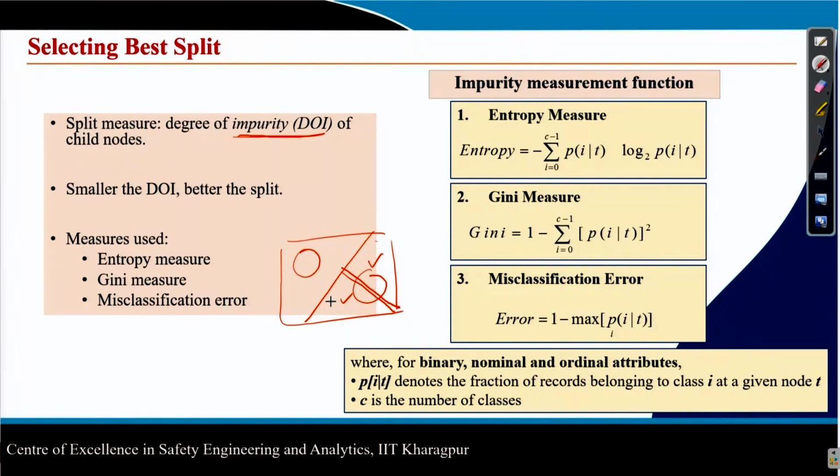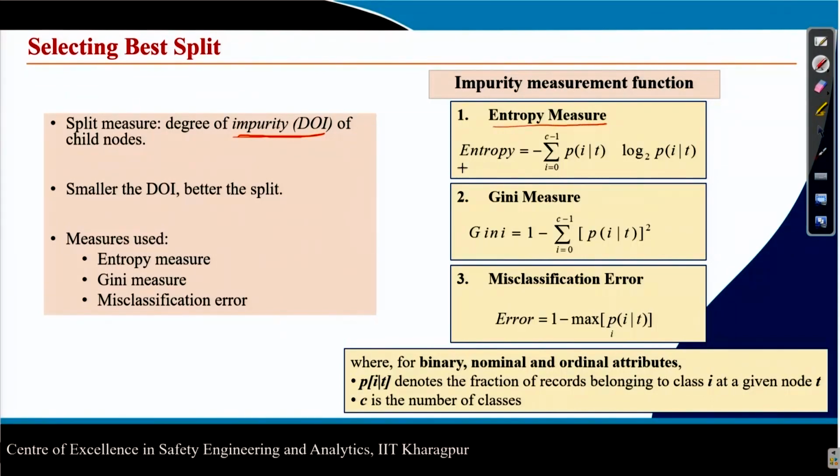The impurity measures generally used are the entropy measure, the Gini measure and misclassification error. We will not go into how these measures are developed. Rather, my interest is to tell you what those measures are, how to compute them and how to use them for splitting. First is the entropy measure.